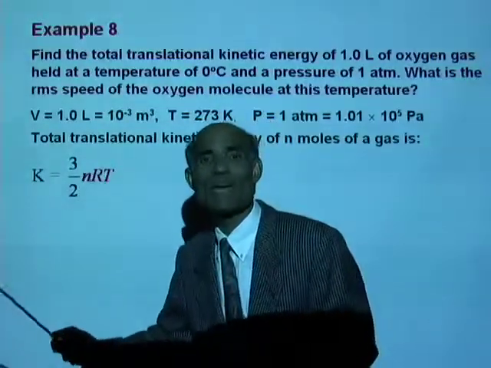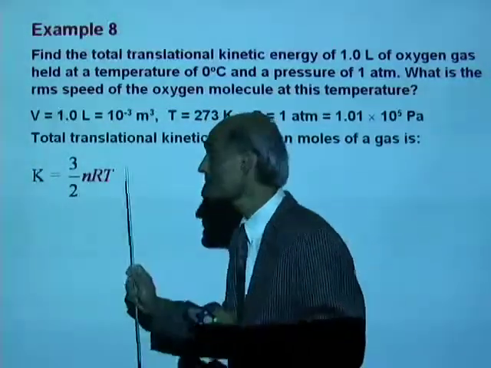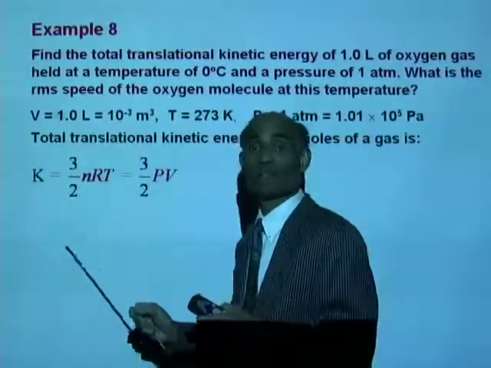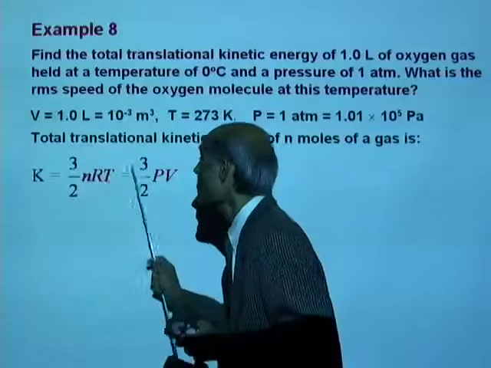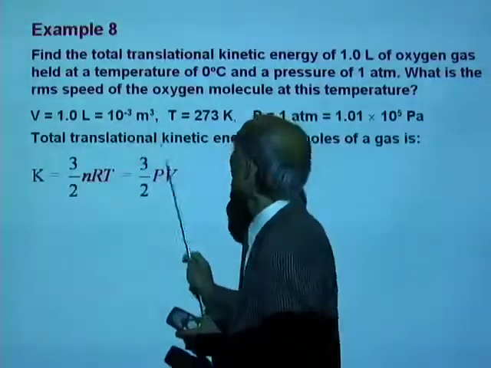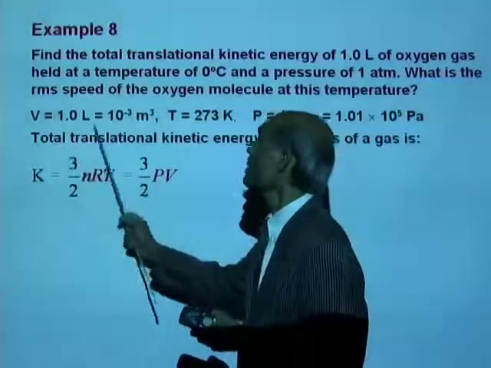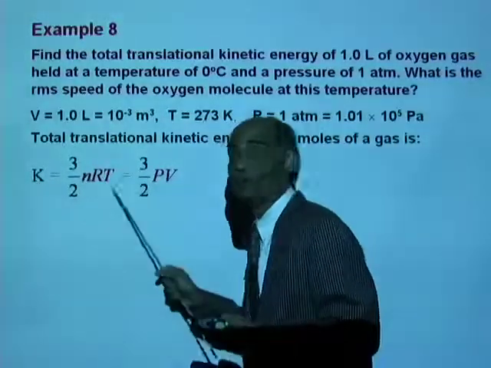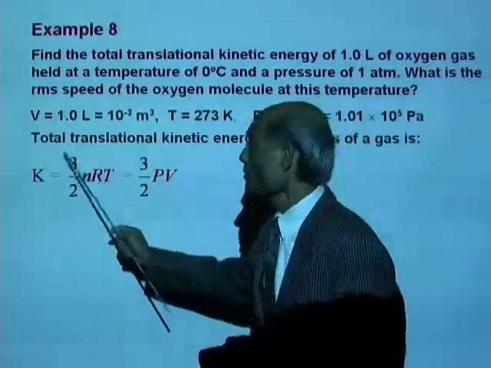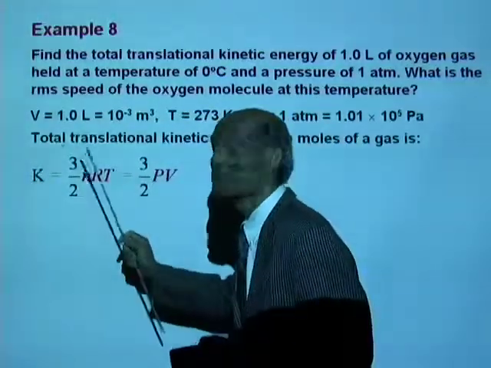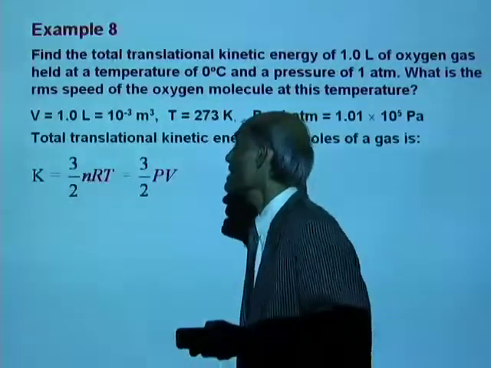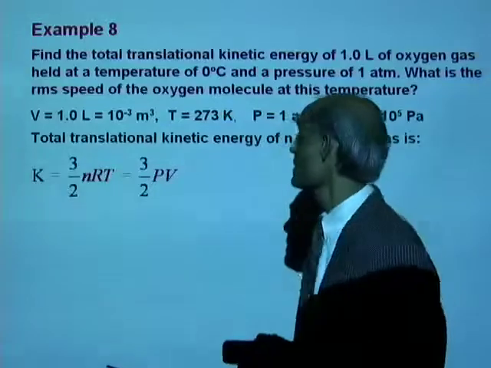PV equals nRT. Is that right? So you can see I colored nRT red because I can replace that nRT now by PV. Why? I know the pressure, I know the volume, therefore this is a much easier route for us to take. The total translational kinetic energy of the n moles of gas is 3/2 PV.